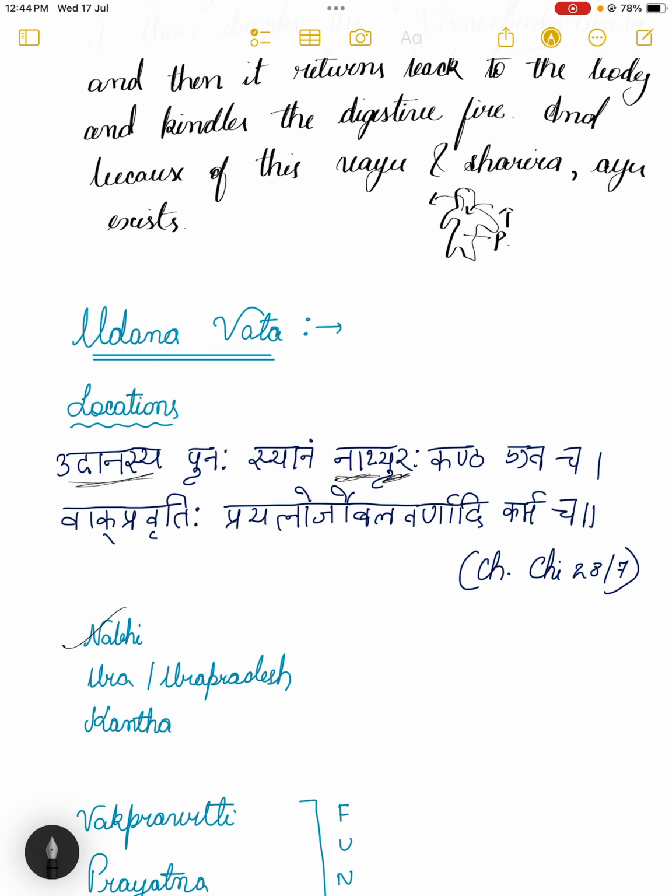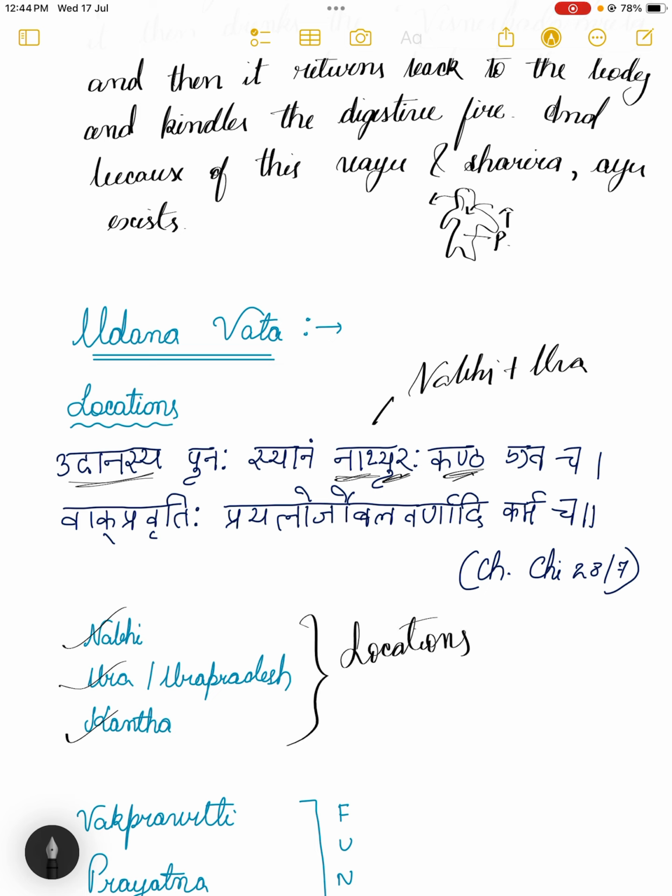There is a sandhi here, that is the Nabhyura. Nabhyura means Nabhi plus Ura, and Kantha. Evacha means these three are the locations of Udan Vayu as per Acharya Charak.